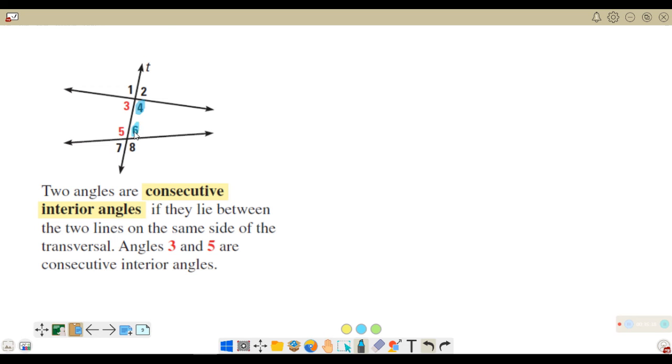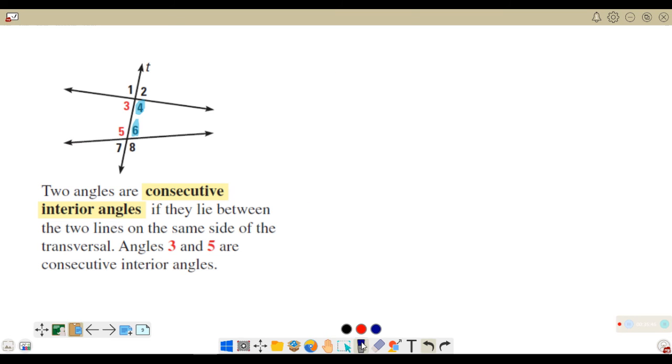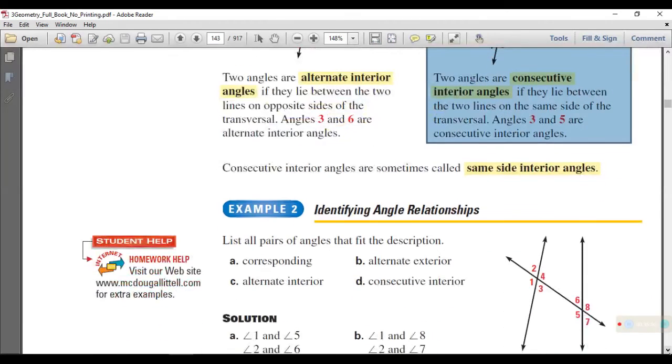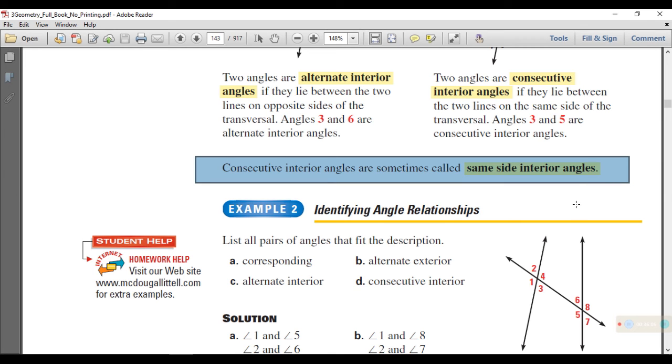Ito yung isa pang pair, 4 and 6. Obviously, kung meron tayong consecutive interior, merong consecutive exterior later on. So, 3 and 5, at saka 4 and 6. Sila yung magkakapartner for consecutive interior angles. So, consecutive interior angles are sometimes called same-side interior angles.